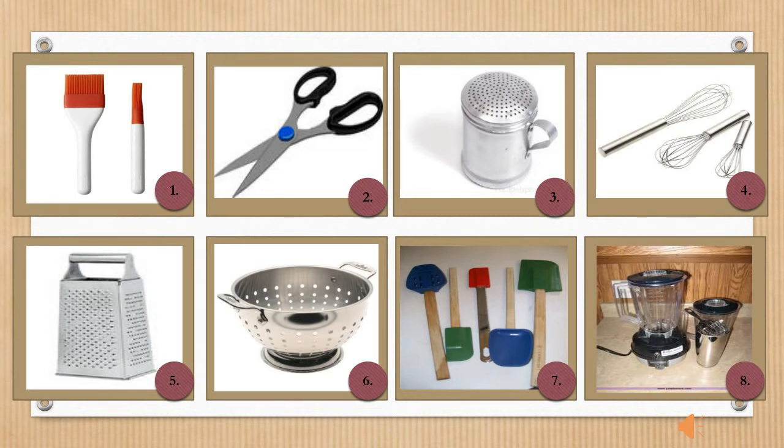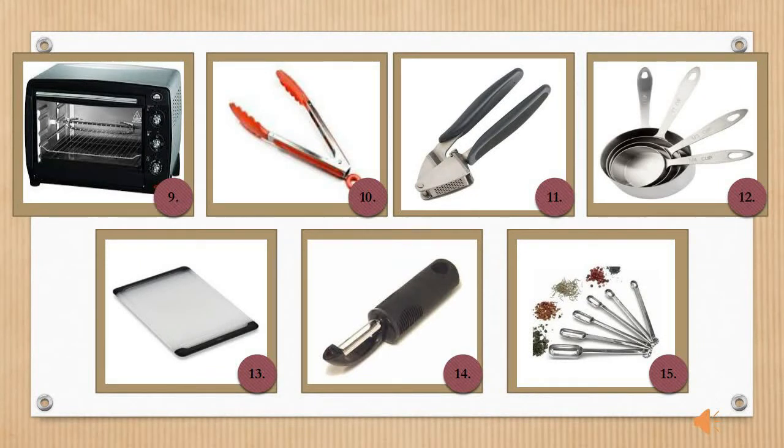Number 1, number 2, number 3, number 4, number 5, number 6, number 7, and number 8. Number 9, number 10, number 11, number 12, number 13, number 14, and number 15.